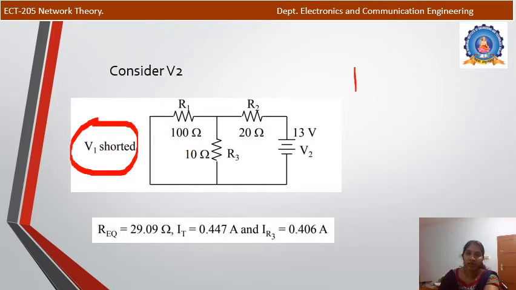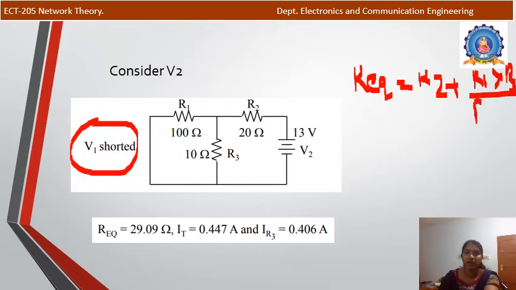If you have any doubt, please go through the calculation. R equivalent will be R2 plus R1 into R3 divided by R1 plus R3. Okay, so that will be 29.09.